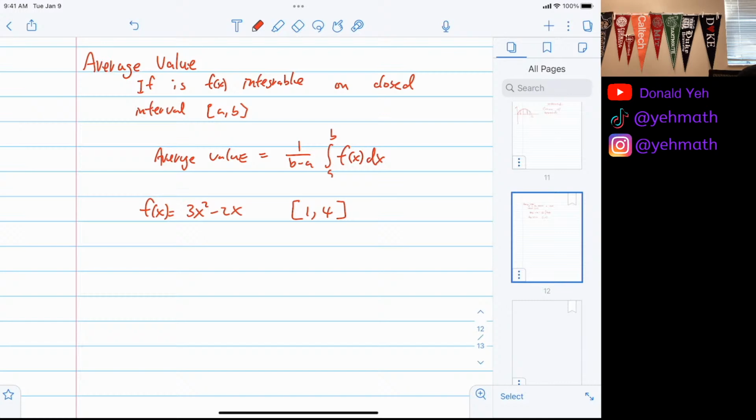Could be a 2-digit number. Those 2 digits add up to 7. If you do it right, you probably know what it is. Good.